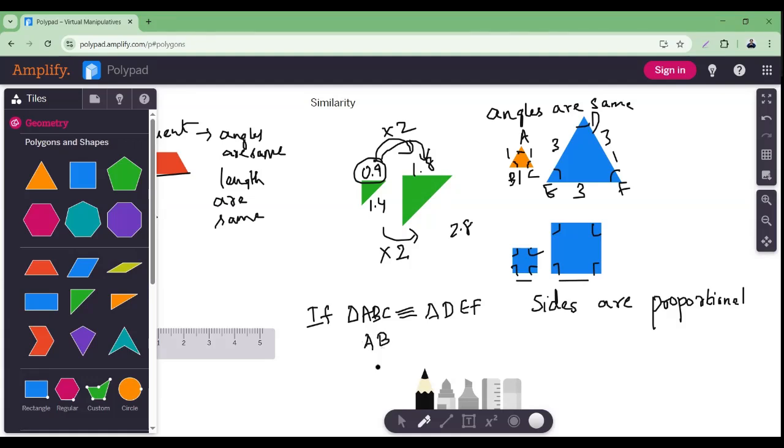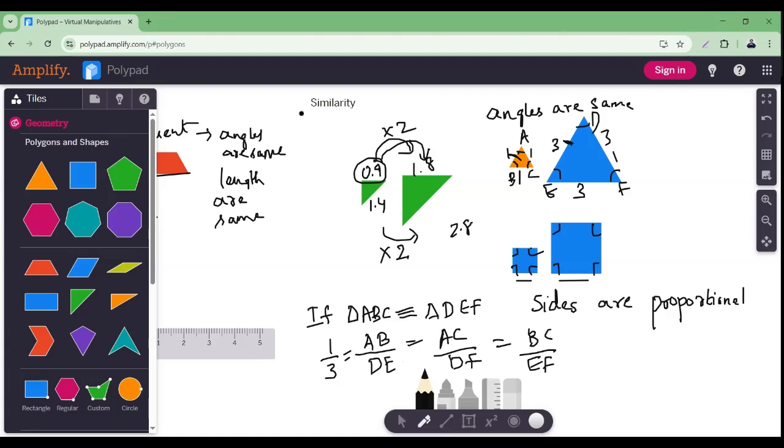AB of one triangle divided by DE, the corresponding matching side, the scale factor, will be the same. For example, here it was 1/3: AB was 1 centimeter, DE was 3 centimeter. That will be the same as AC over DF, and the same as BC over EF. That means all sides are proportional.